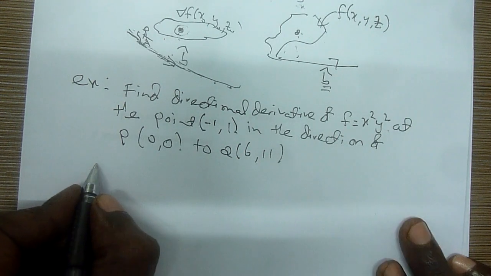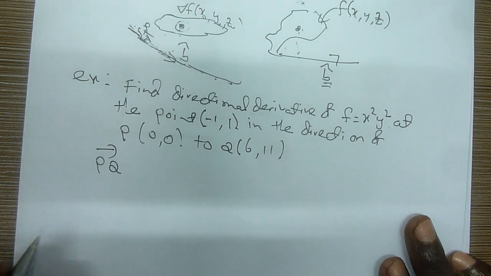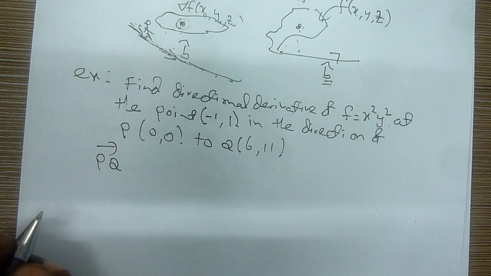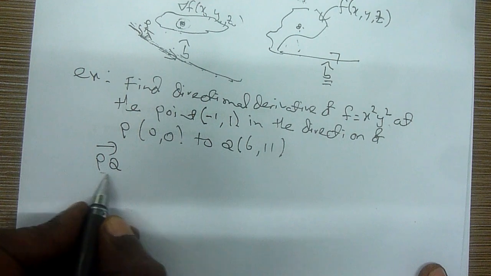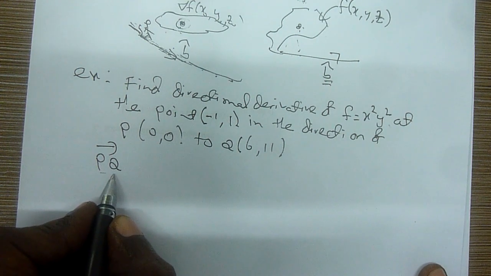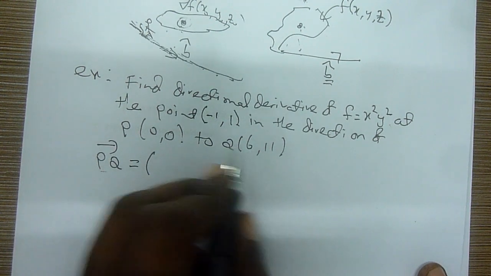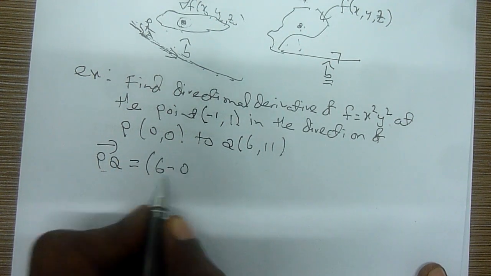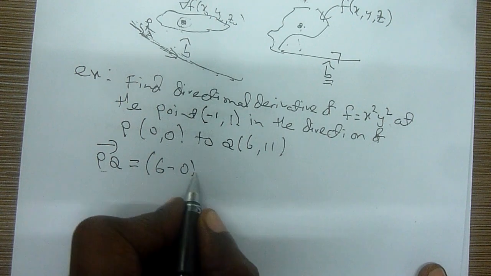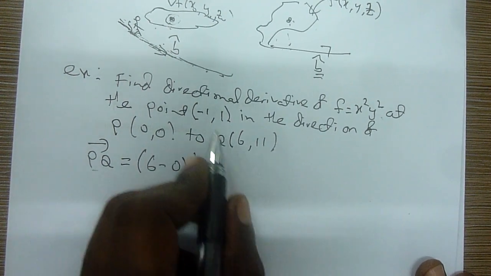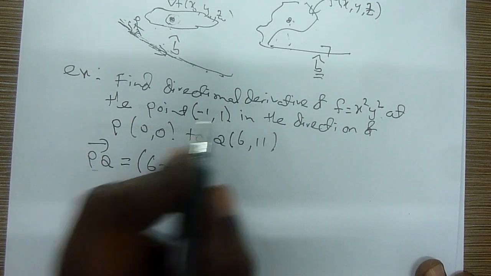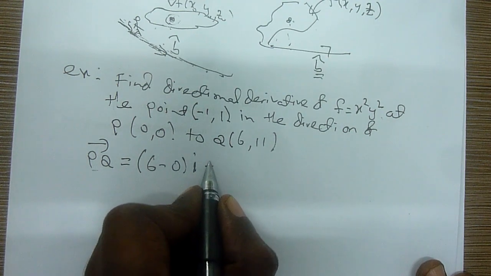Now can I identify PQ, the direction vector of PQ? Yes, this can be simply calculated, because we are using i and j only here, 6 and 11.